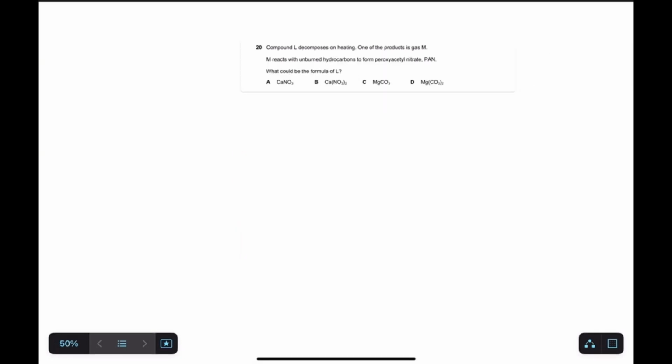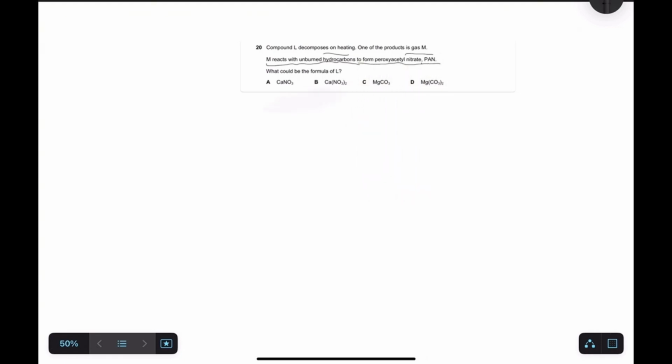Question 20. Compound L decomposes on heating, and one of the products is gas M, and M reacts with unburned hydrocarbons to form peroxyacetyl nitrate, PAN.